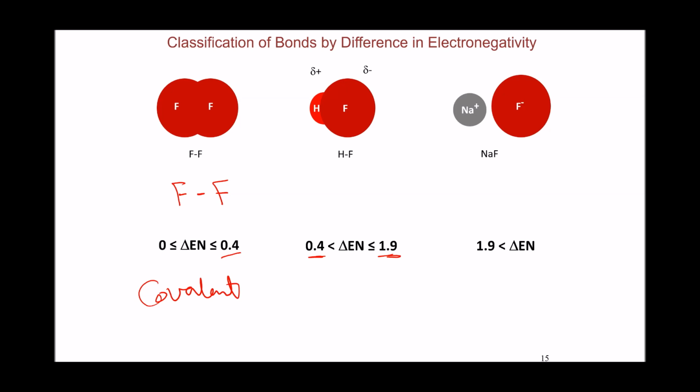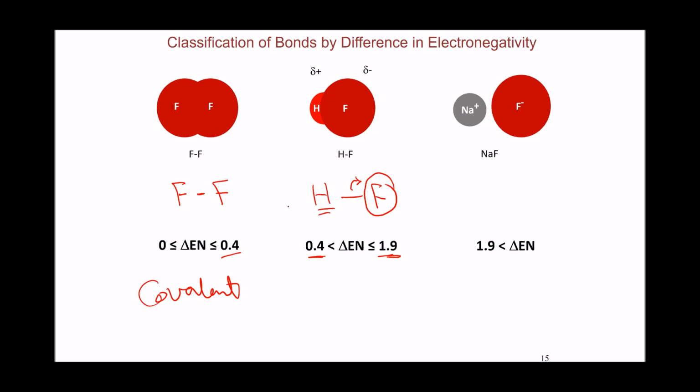Because in this case, one atom will have much weaker attraction for the electrons than the other. So the more electronegative atom will be pulling the electrons towards itself a little bit stronger. So the bonding electrons will be localized more on fluorine than on hydrogen.